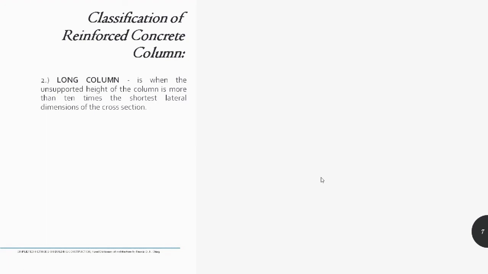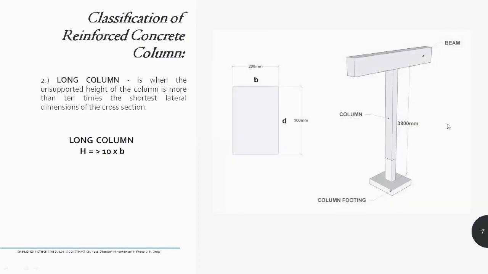A long column is when the unsupported height of a column is more than 10 times the shortest lateral dimension of a cross-section. So, height is greater than 10 times b. For example, we have a 3,800 millimeter height column, or 3.8 meters, with a dimension of 200 by 300.